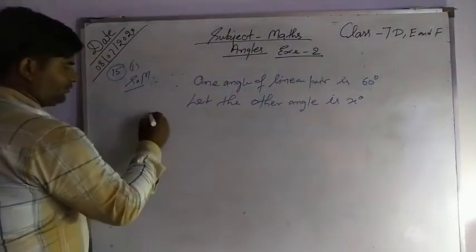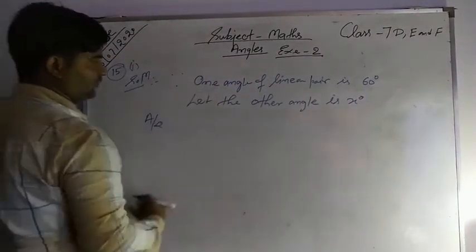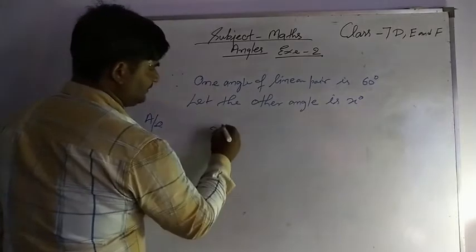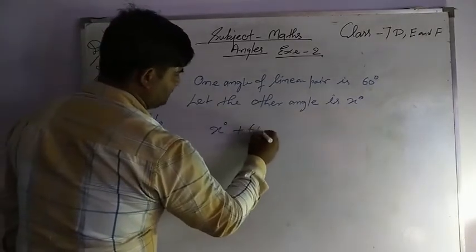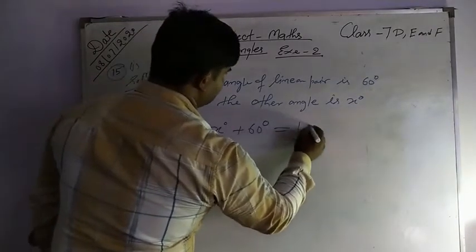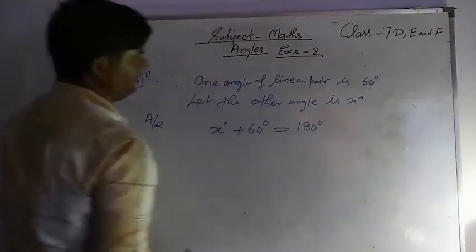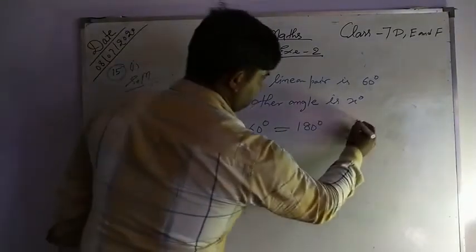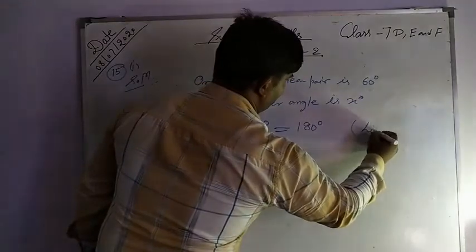So according to the definition and the question, we write x degrees plus 60 degrees is equal to 180 degrees, because these are a linear pair.